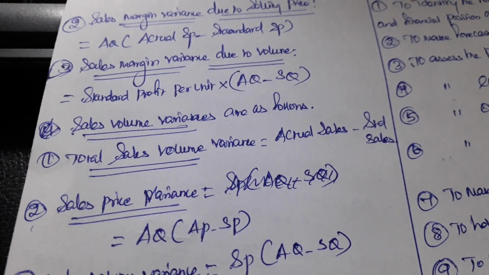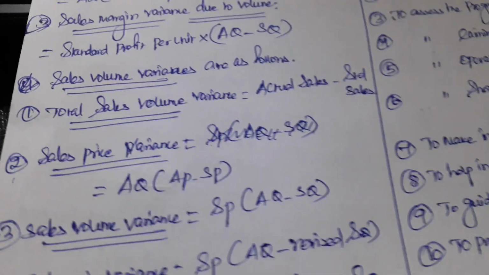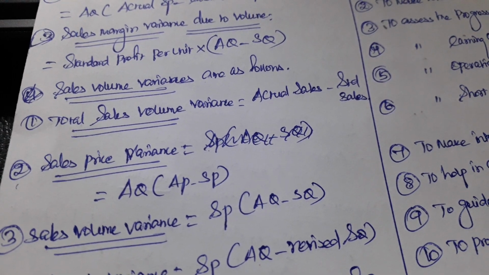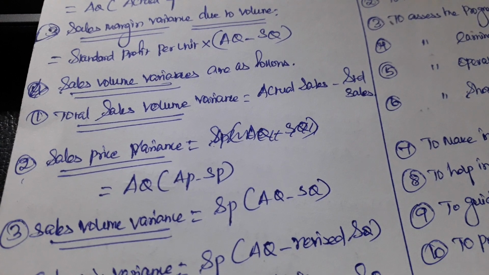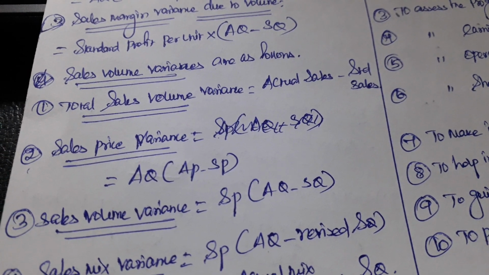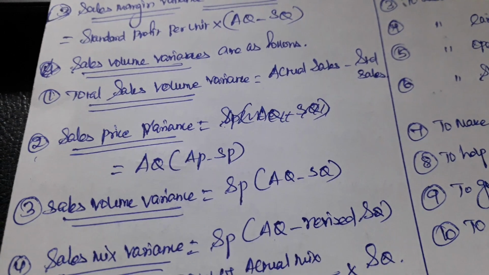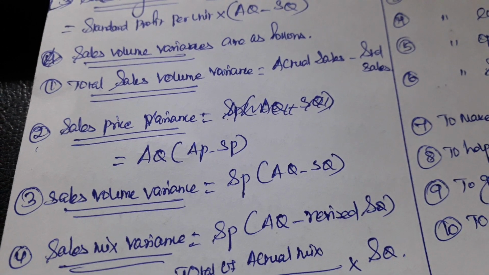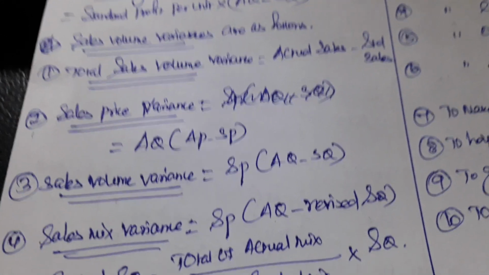Next is the sales volume variances. Under this head we can get three more variances. The first one is the total sales volume variance, equal to actual sales minus the standard sales. Sales price variance is the same as material price variance, and sales volume variance is similar to the material usage variance.